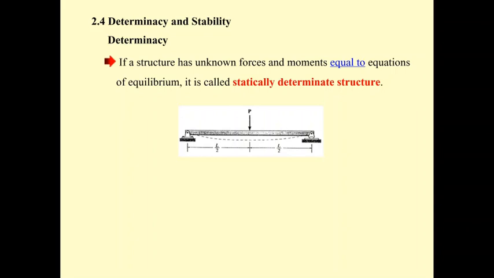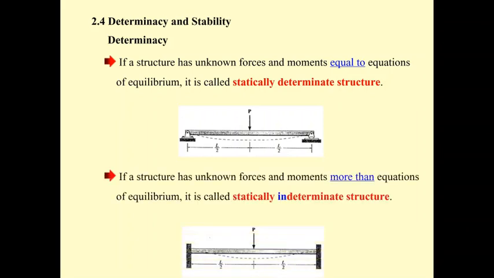The concept about the determinacy is simple. A structure, when it's subjected to forces, is going to have unknown reactions and unknown internal forces and moments. When this unknown is compared to the number of equations of equilibrium, if they are equal, the structure is called a statically determinate structure.